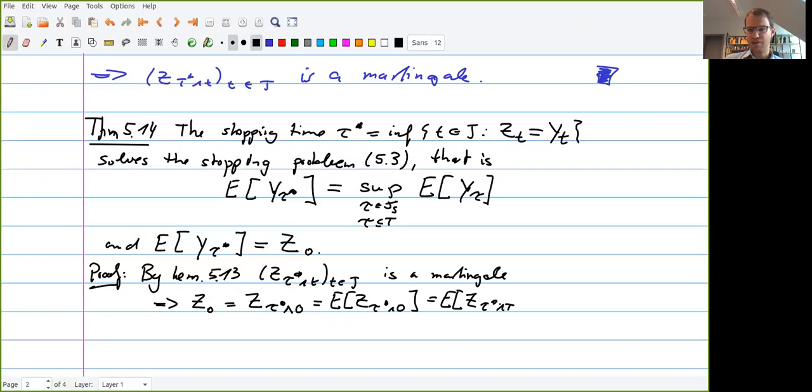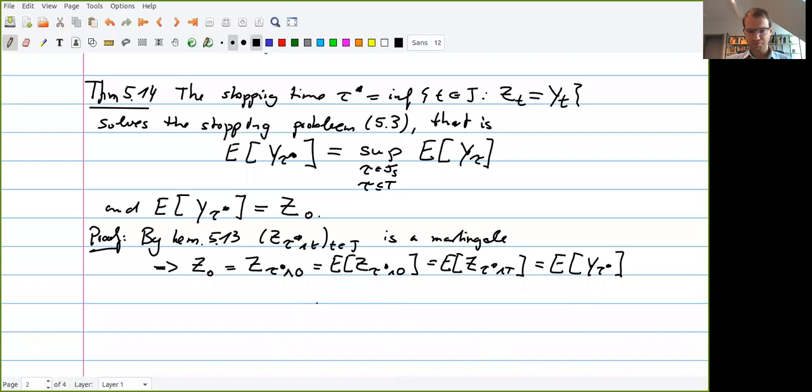So I can swap the 0 to capital T. And now by the definition of tau star, this is nothing else than Y at time tau star. So this is actually the second claim, the claim that the expected value of Z at time tau star is equal to Z0.